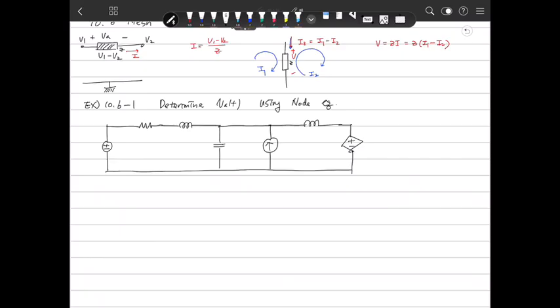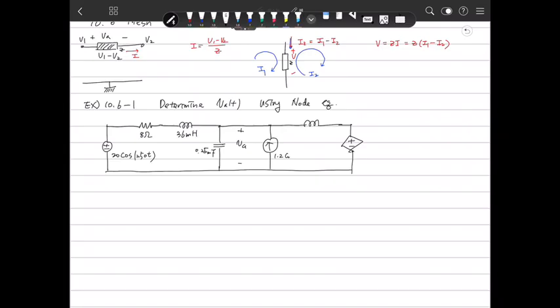It looks a little complicated, but it's a very simple problem. The resistor value is 8 ohm. This is 36 millihenry and 0.25 millifarad, and the voltage is 20 cosine 250t, and we define that as VA.